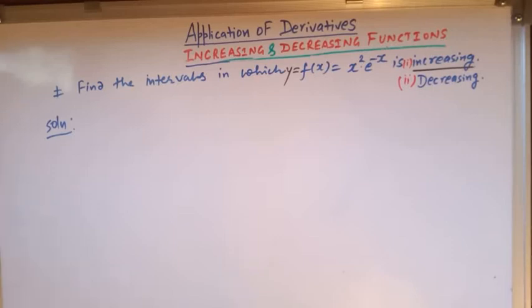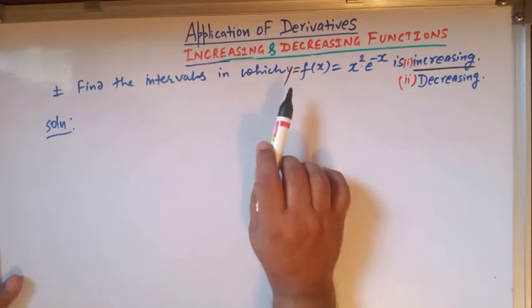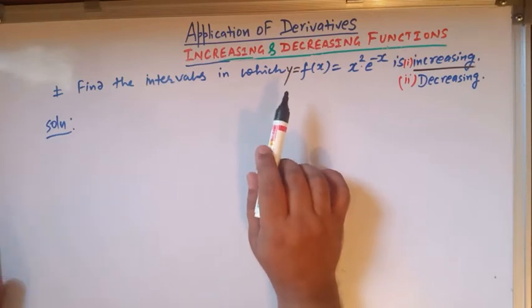Hello viewers, in our previous lecture on increasing and decreasing functions, we have discussed the conditions when a function is said to be increasing or decreasing. Let us revise what we have discussed in our previous lecture.